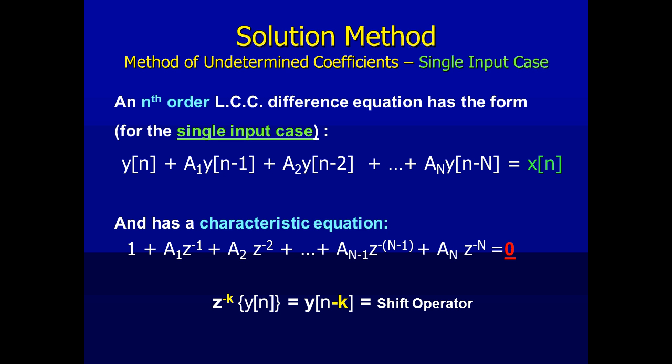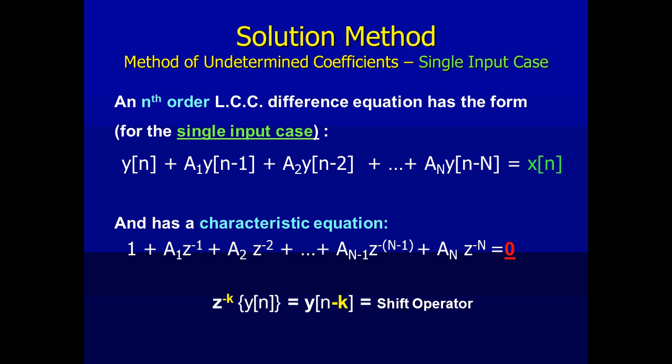Well, in this case, we're going to set that characteristic equation equal to 0. Using these operators, we'll take out that y of n, and we have 1 plus 1/2 z to the minus 1 equals 0. Let me come up higher again so we can see what's happening.